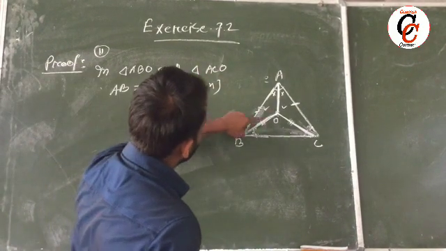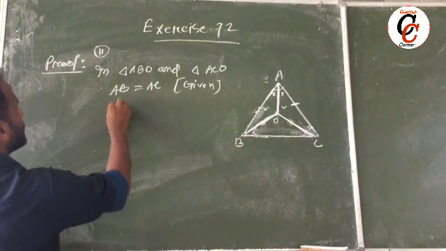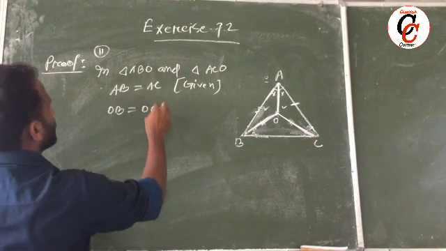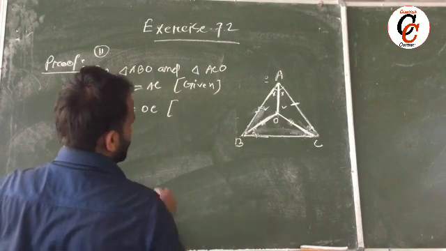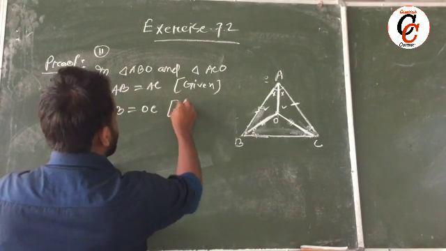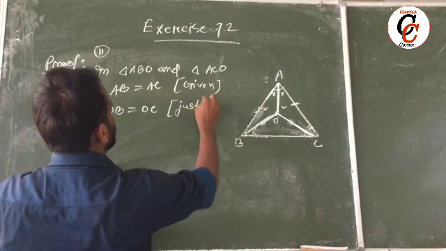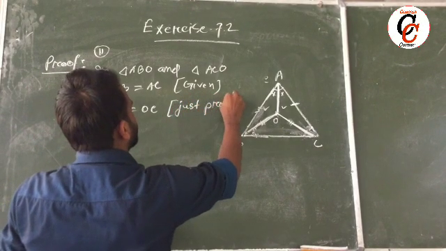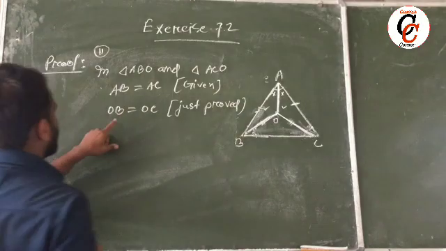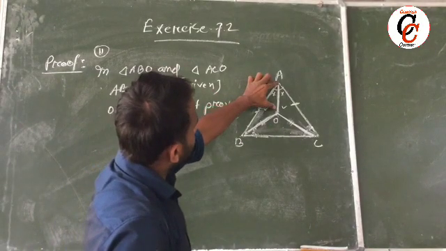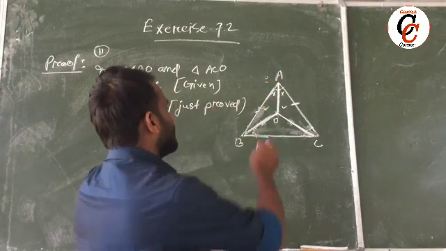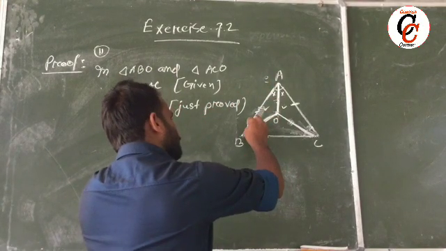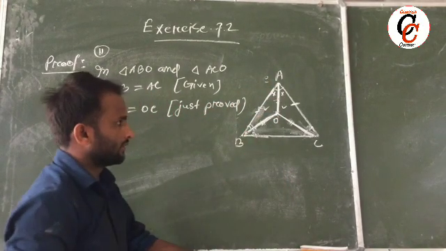Then OB is equal to OC, just proved, right? Again, this side OA is a common side. You can take either this side also or you can take this angle also equal.